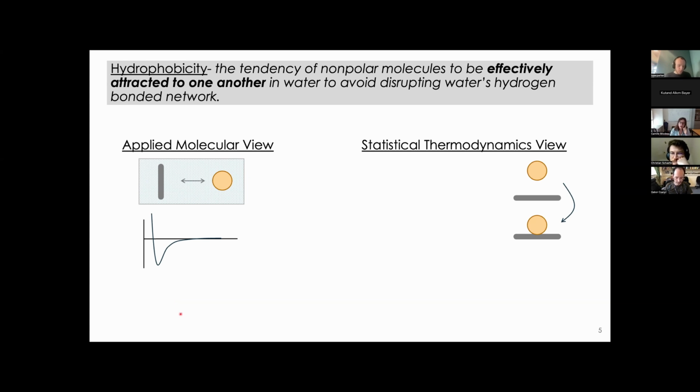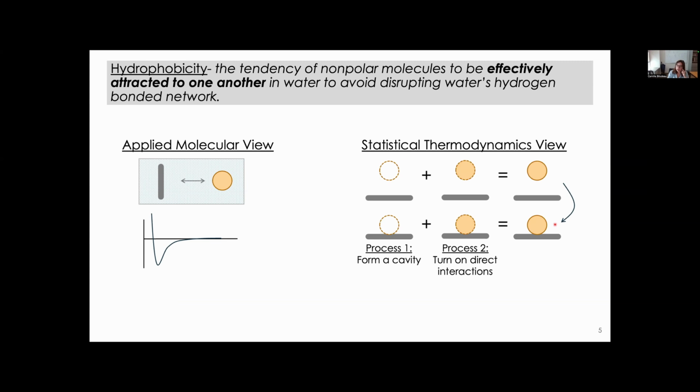But we can also come up with a slightly more rigorous statistical thermodynamics view. If we look at this binding process associated with going from the solute in solution to the solute adsorbed to the surface, we can decompose this into two separate processes. First, forming a cavity, either in solution or at this interface, and then a second process where we're inserting the solute into this cavity, or in other words, turning on direct interactions.